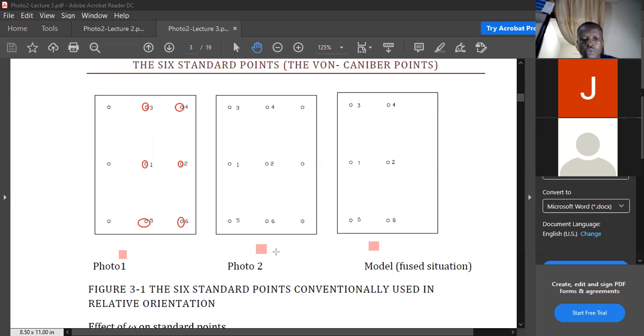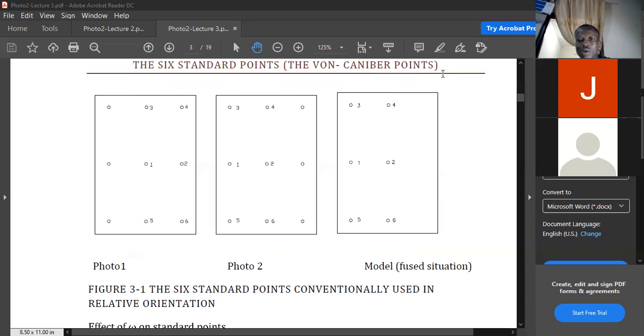So we have photo 1 from projector 1, then photo 2 from projector 2, and the two projectors fuse to give you the model. That's the beauty of it all.